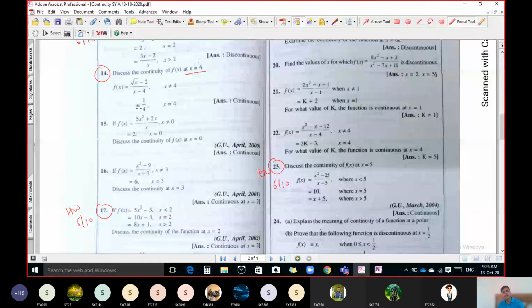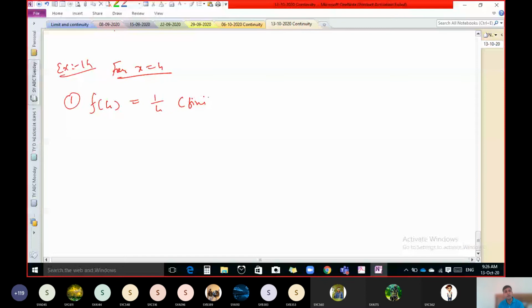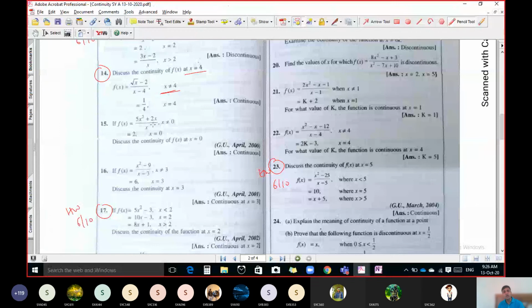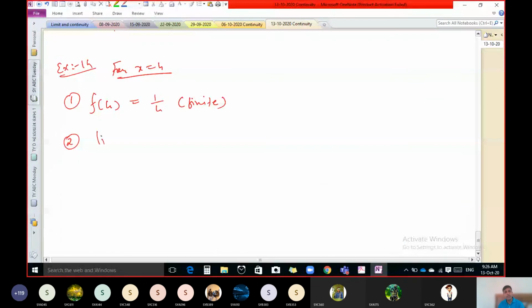Second. And the answer of that is 1 by 4. So you can write directly 1 by 4. 1 by 4 is finite, so the first condition is satisfied. Now, because of this not equal to situation, there is no need to find the left hand side limit and right hand side limit. You can find directly the limit x tends to 4 of f of x.